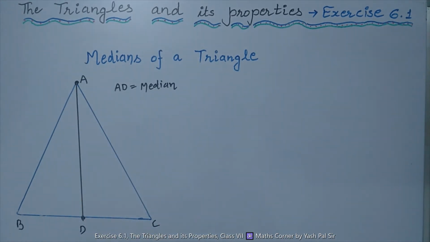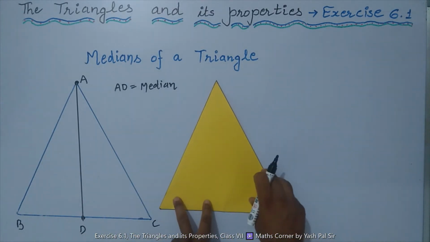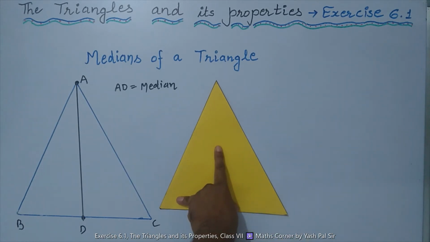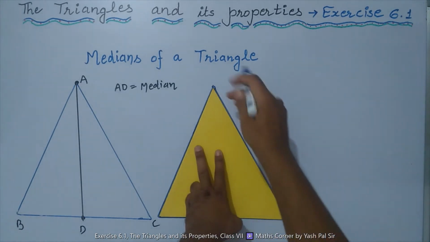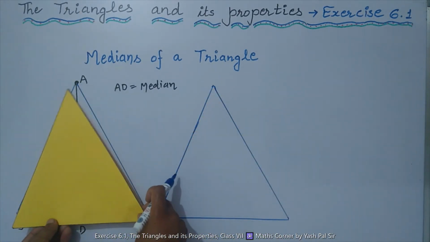Similarly, we can have one more median. I am again going to sketch the same triangle. This way I am going to copy one more triangle, the same copy of this triangle.